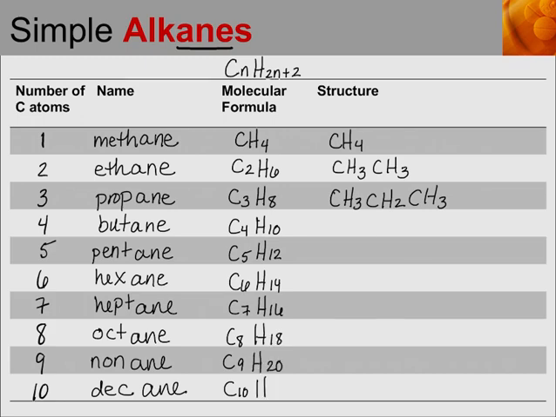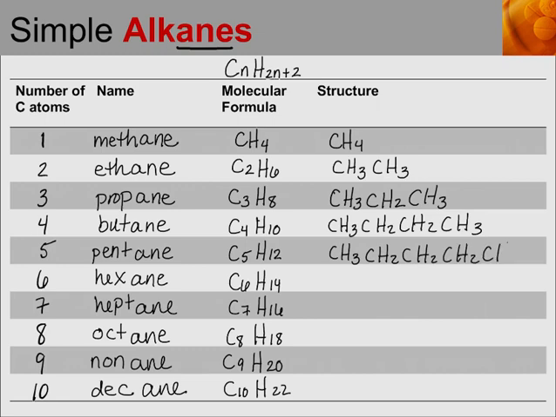All right, and finally C10H22. Okay, so for the structures, we're honestly just adding a CH2 group each time in the middle. And so I'll let you fill these in if you want to, but you kind of get the idea, right?